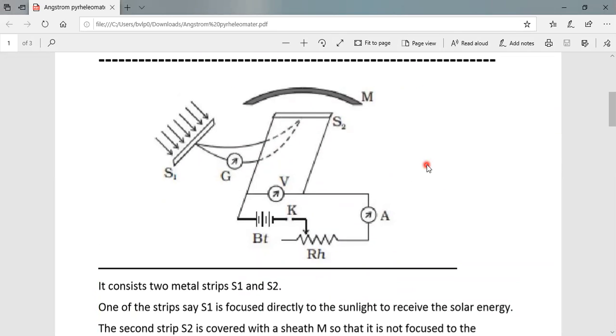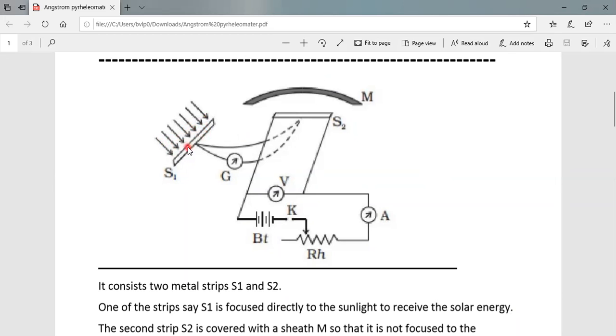So this is the design of the pyrheliometer. These are the 2 metal strips, S1 and S2. These 2 are made of the same material and have the same dimensions. The only difference is that S1, one of the metal strips, is directly exposed to the sunlight. The sunlight is directly incident on the metal strip.